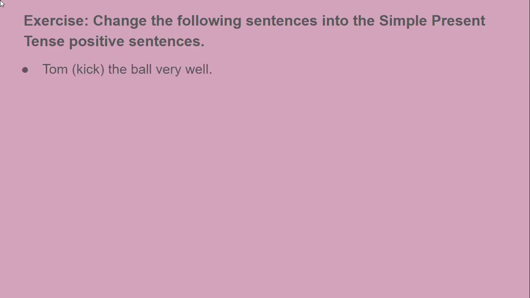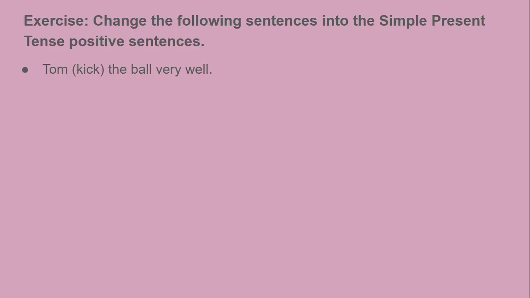So we have a sentence here. Tom kicked the ball very well. Okay? So we've got Tom. Tom is the name of a person. Usually it is given to a boy or a male person. So we assume Tom is a he. That's the first thing that we need to look at, the subject. So the subject is a he.